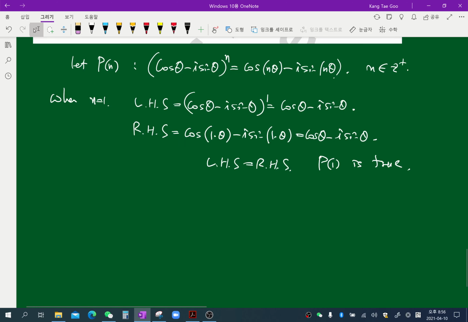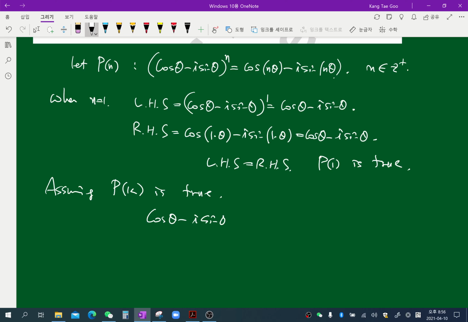After that, assuming your Pk is true, which means (cosine theta minus i sine theta) to the power of k must be the same as cosine k theta minus i sine k theta, right?